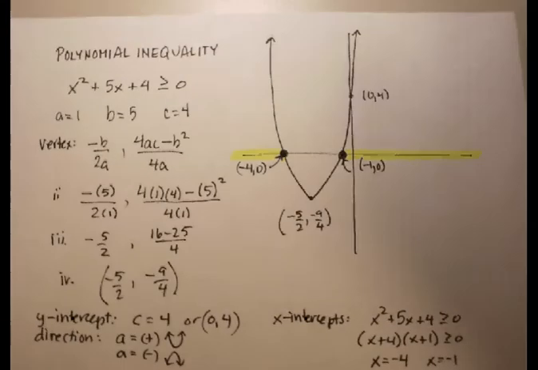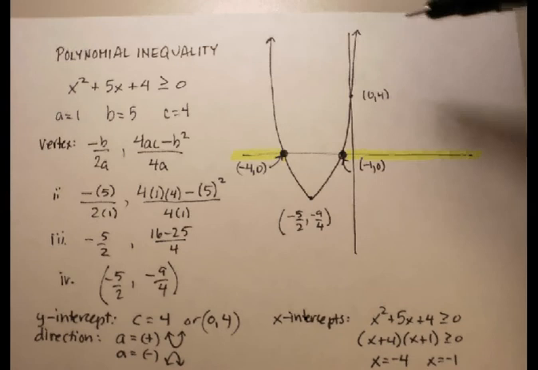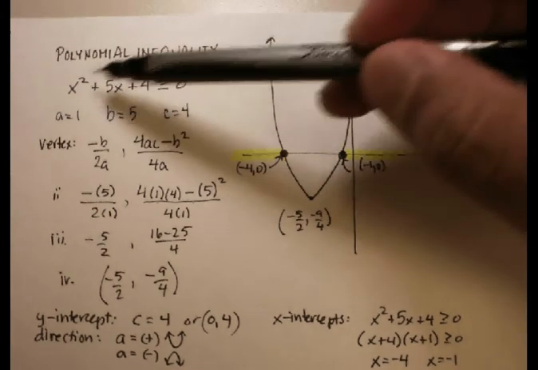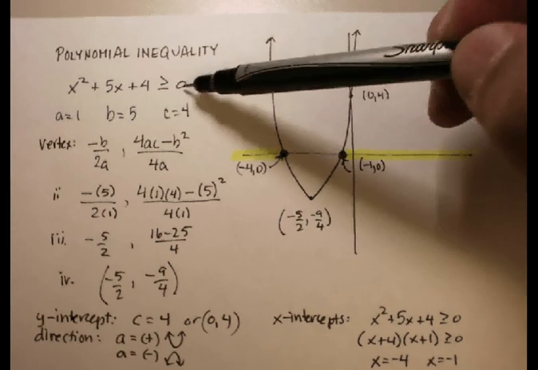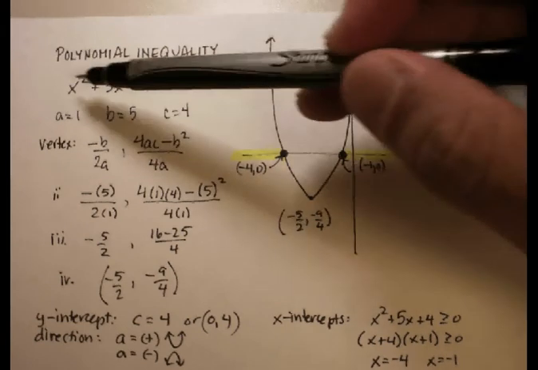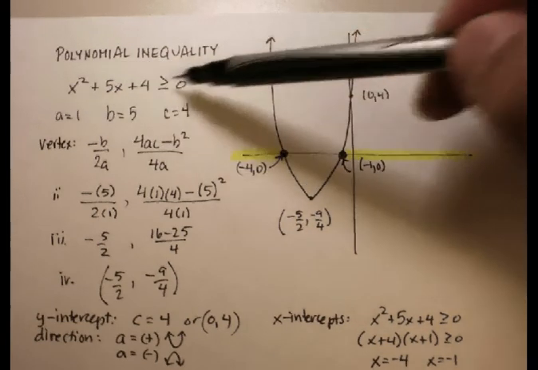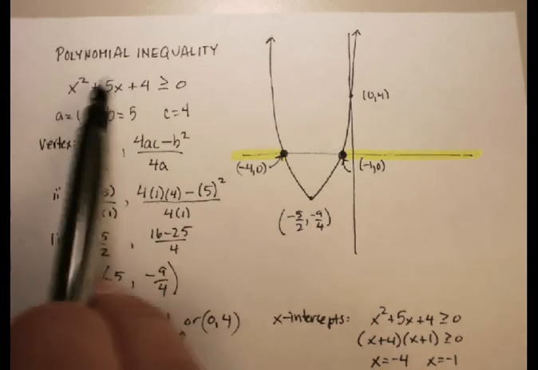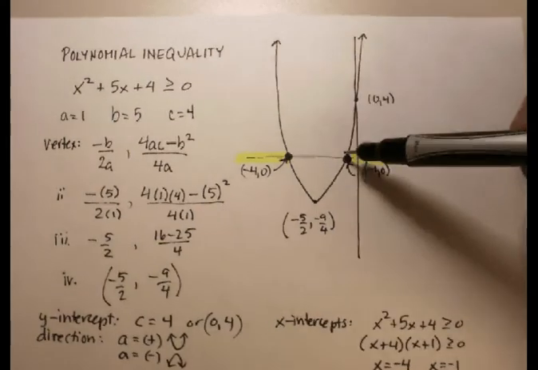I'm not quite finished here, though, because I've got along the x-axis, but now I need to find along the y-axis. That's a much easier proposition. Just go to your equation. This is saying it wants all the values greater than 0. And remember that in standard form, this is basically equal to y. So it's like replacing all of this with y. Y greater than 0 is shading upward.